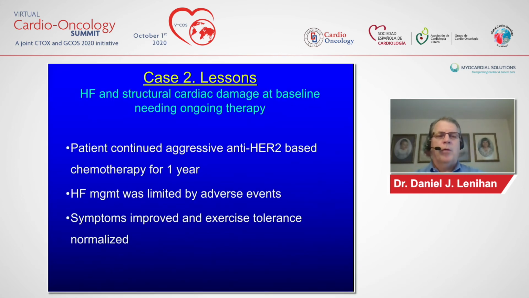So the important point from case number 2 is that a patient can continue on aggressive anti-HER2 based therapy for over a year without worsening of her cardiac function. And the only issue here is that she did develop angioedema with ACE inhibitor, so her heart failure management was limited by adverse events. However, her symptoms improved and exercise tolerance normalized.